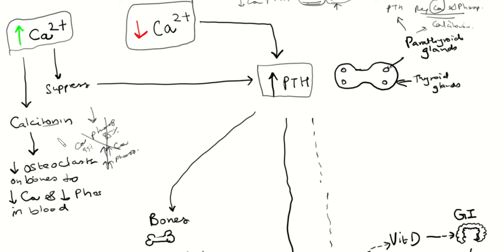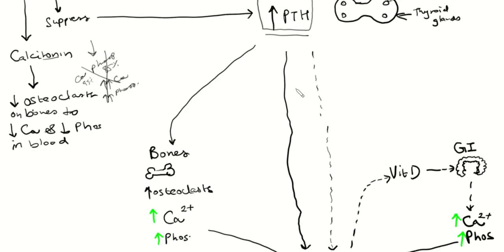Okay, perfect. And that's the end of that. Calcitonin is not as big a player as parathyroid hormone is. So I just want to cover it, and I want to move on to the meat of this, which is the parathyroid hormone. So again, high calcium suppresses parathyroid hormone and low calcium increases the parathyroid hormone. So whenever you have high parathyroid hormone, what does that do? It does three things.